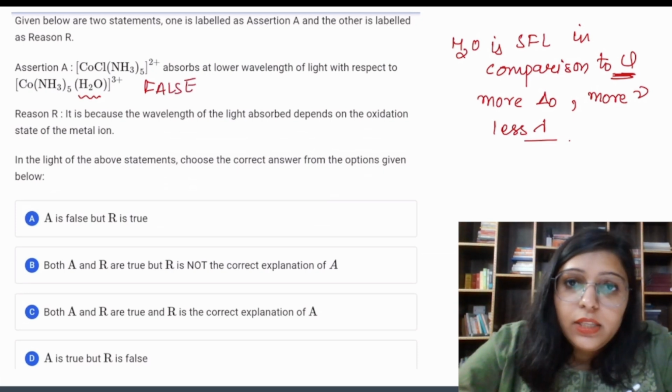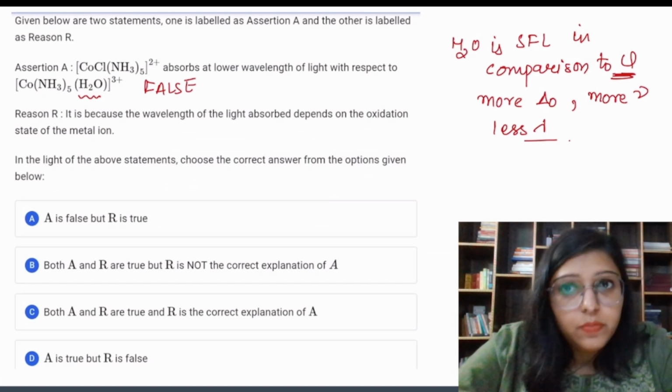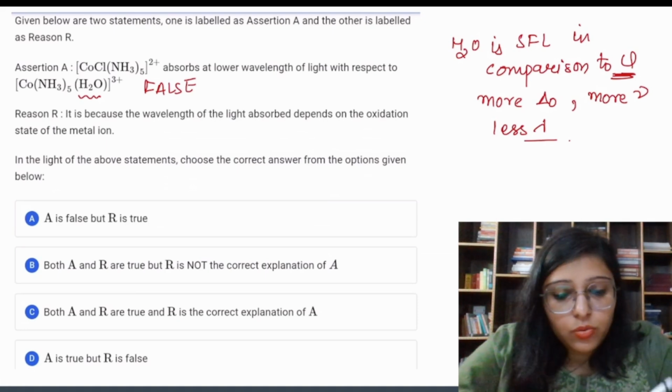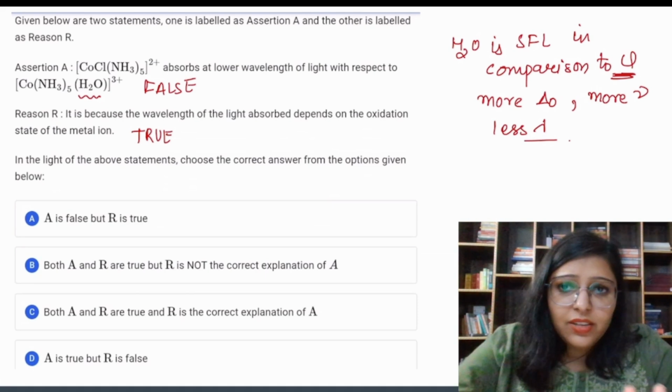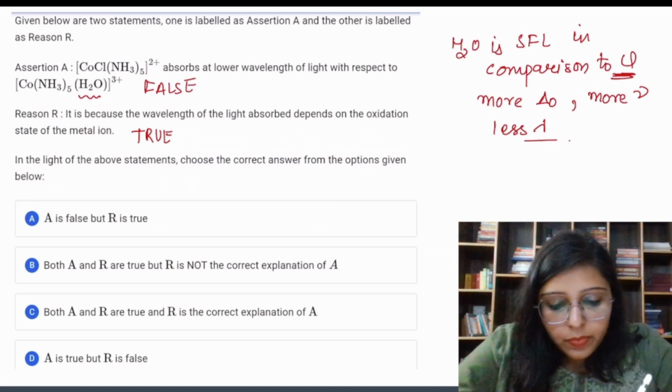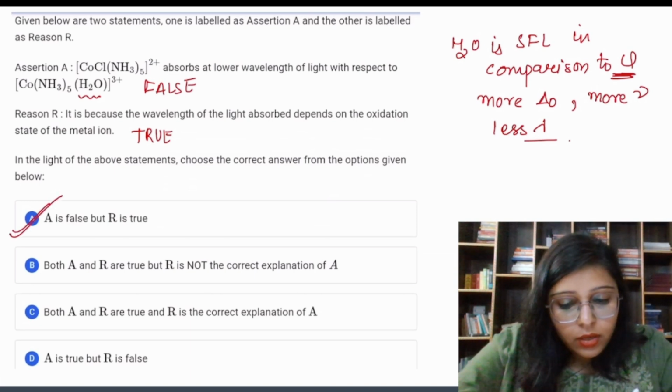Now the reason: it is because the wavelength of the light absorbed depends on the oxidation state of the metal. This is also true. The wavelength of the light absorbed is based upon the oxidation state. It is true, but not the correct explanation. So assertion A is false but reason R is true, right?